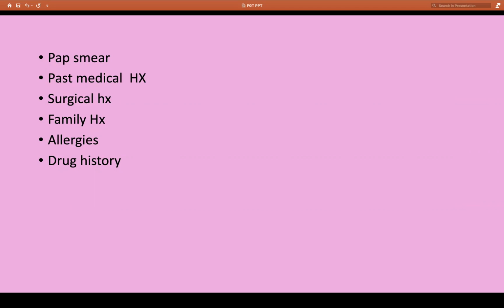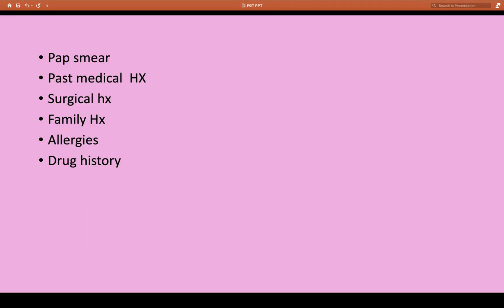Then past medical history, always to rule out any interaction if we are giving any medication. And surgical history: if we are planning for any surgery, we should know if she has undergone any surgeries before, especially on the abdomen, so that we can plan it.